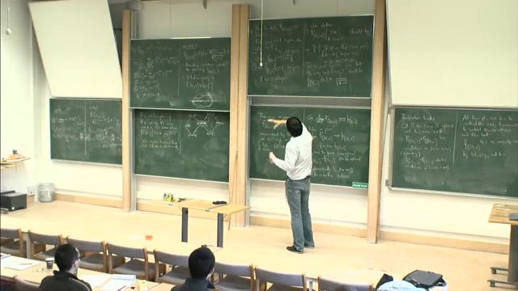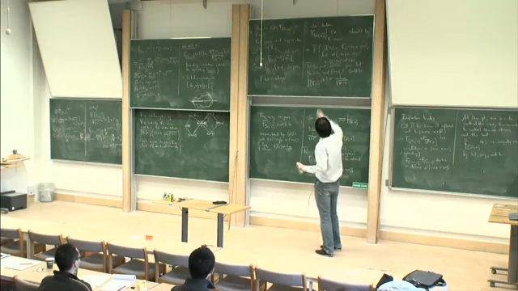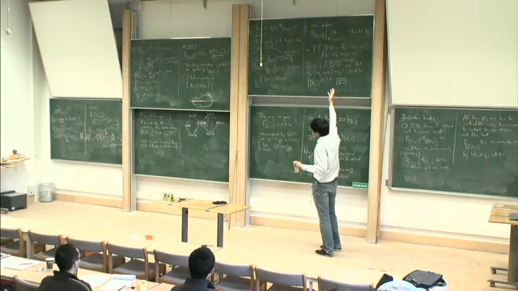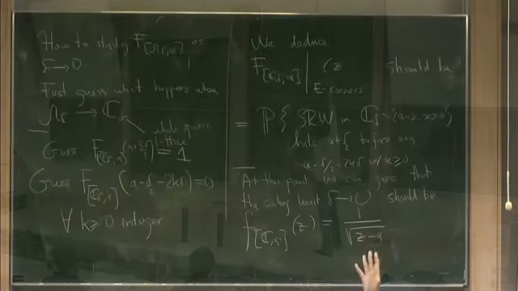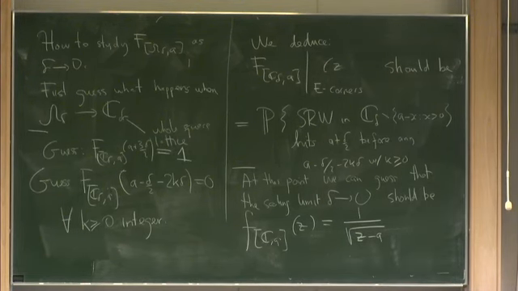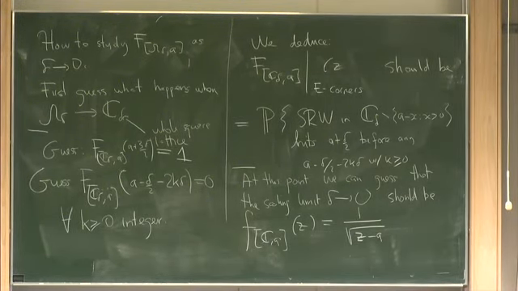And for that, you guess what happens if the domain goes to infinity. Actually, if the domain goes to infinity, you have a unique guess for what the function on this discrete level is. And this unique guess tells you a unique guess for what the limit of the full plane function should be. Once you're in this business, you understand what happens with the full plane. You try to apply the same recipe to the discrete domain.